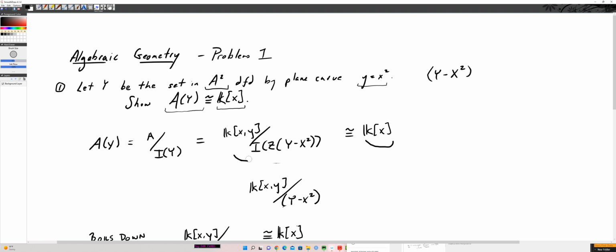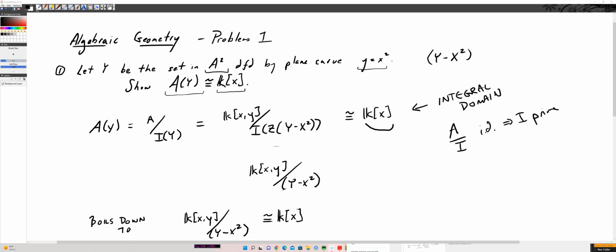Well, we have a nice solution if we know something from algebra. The ring of polynomials over a field in one variable is an integral domain. If I have an integral domain that's a quotient of some ring A by an ideal I, then I is prime.